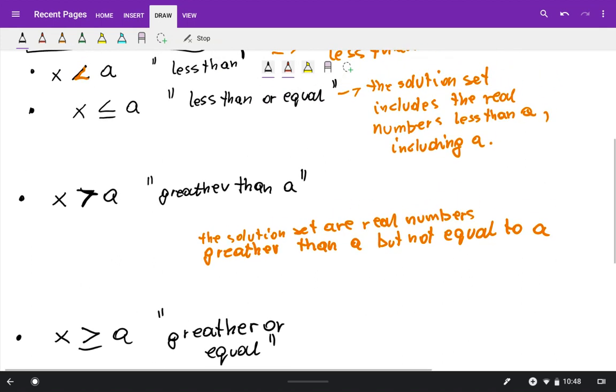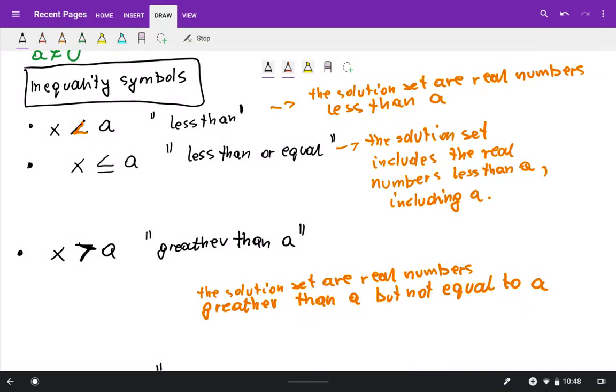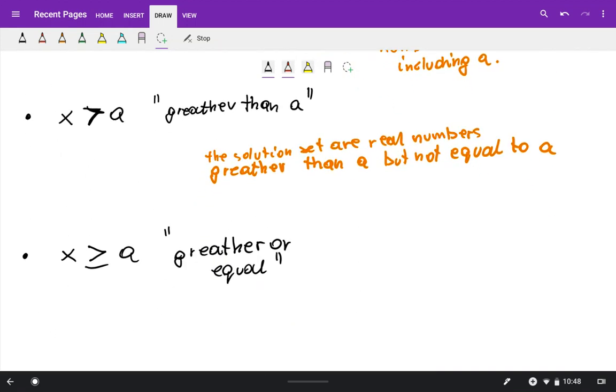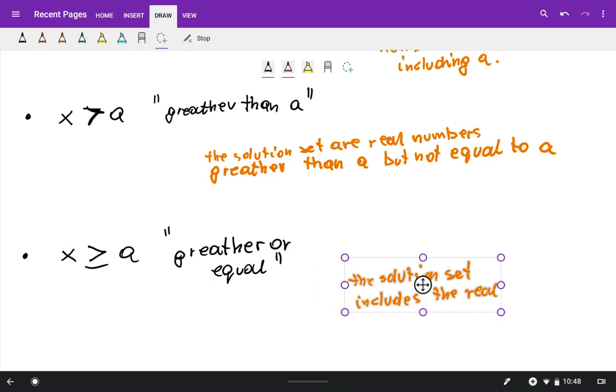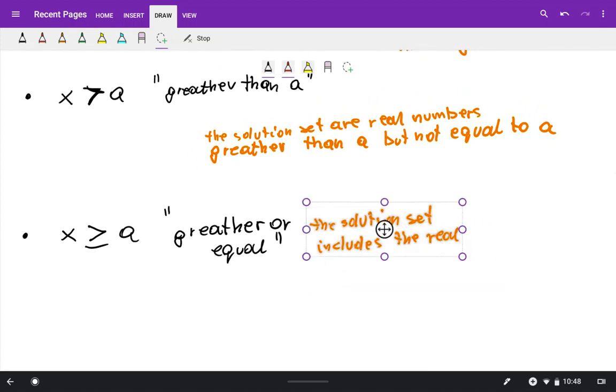And the solution set includes the real numbers greater than a, including a.